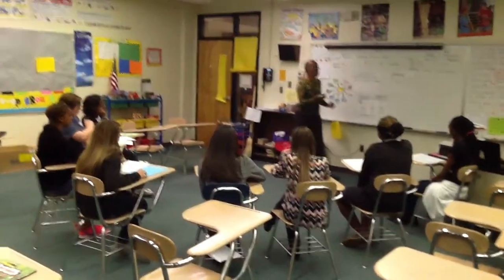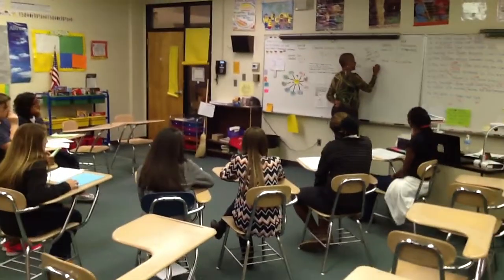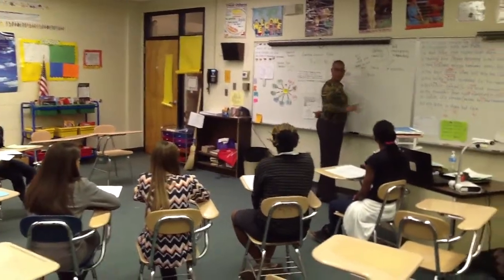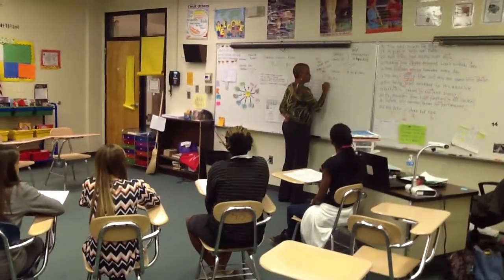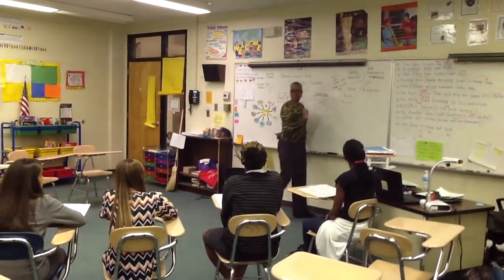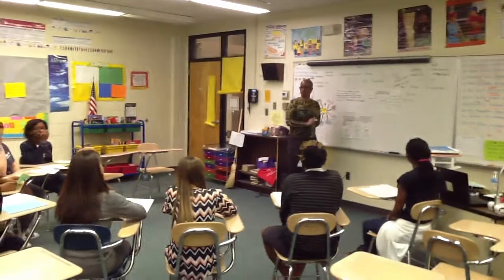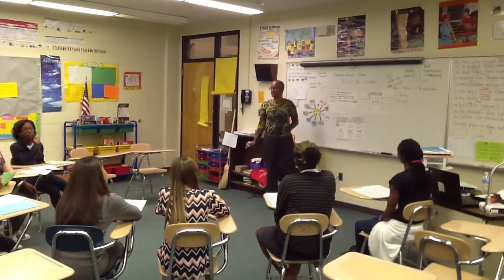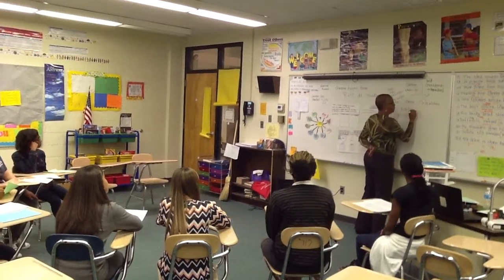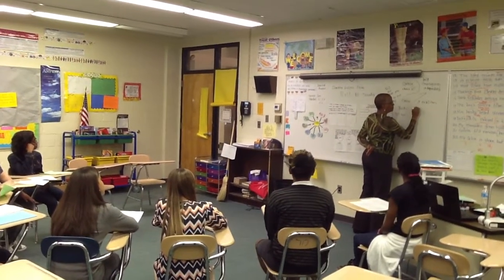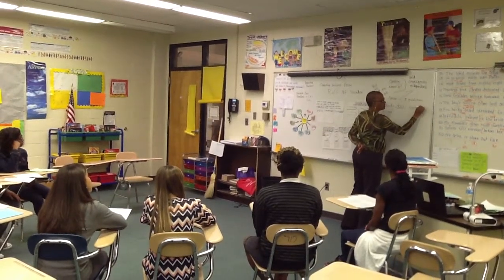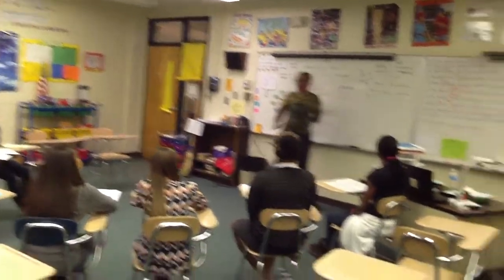Okay, so when we move to the next paragraph, this is the body of the paper. In the body of the paper, you're going to tell me what it is that you want to tell me. That's what the body is. So if you make an assertion about being bold, what are you going to have to back it up with?